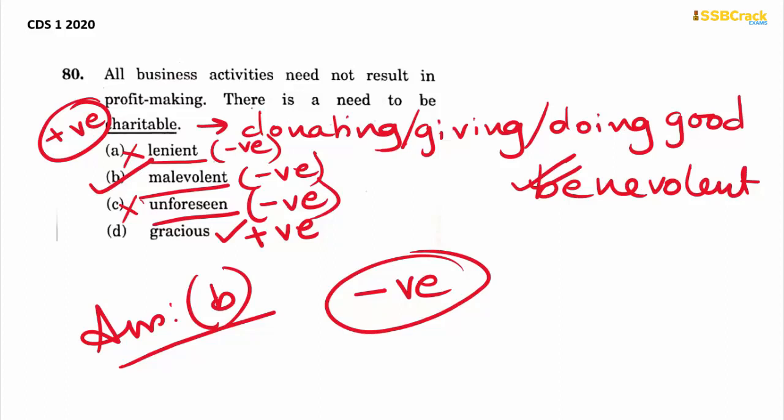And you can also get all the detailed explanations, question solving strategies, shortcuts, tips and tricks and thorough lectures and practice papers on the points that we have discussed in this session on the question solving for the CDS 1 2020 antonym section.